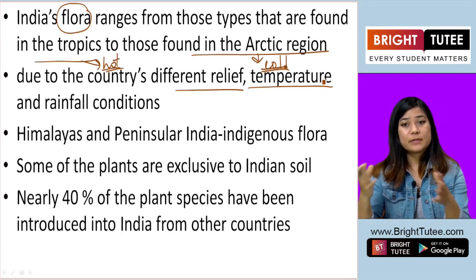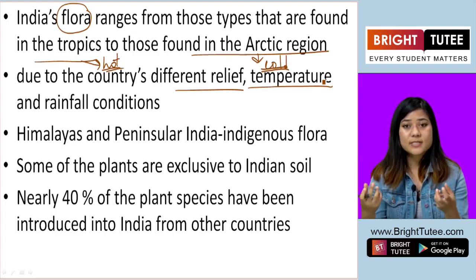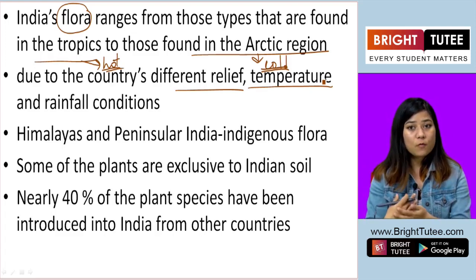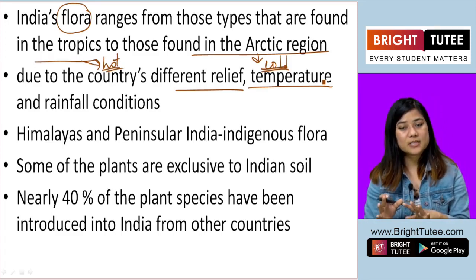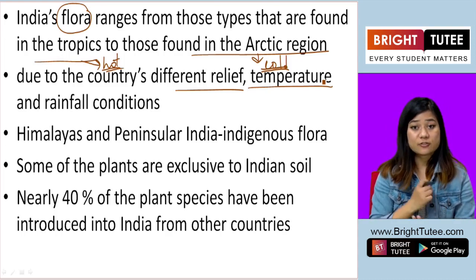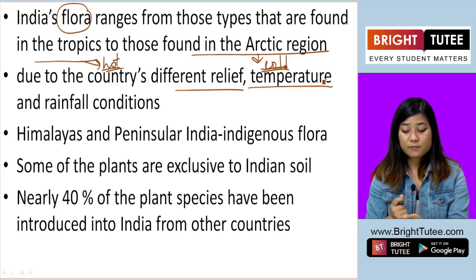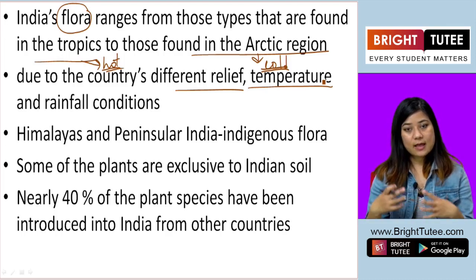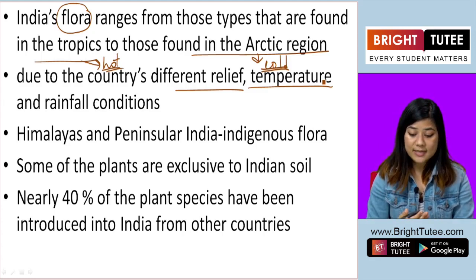How we have the Himalayas and we have a cold winter season, we receive snowfall, and in the peninsular part we have moderate climatic conditions, and in some areas it's extremely hot, in some areas it's extremely wet because of the rainfall. So all these influence the kind of flora that our country has.